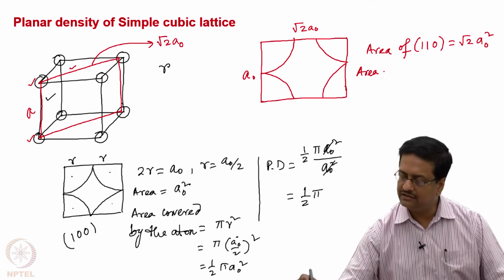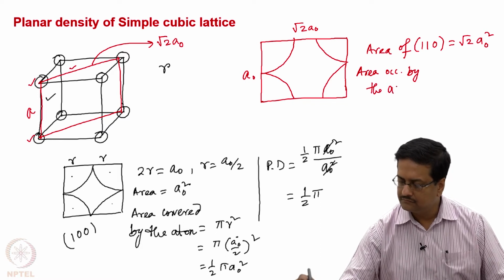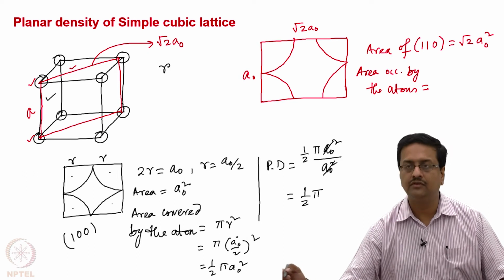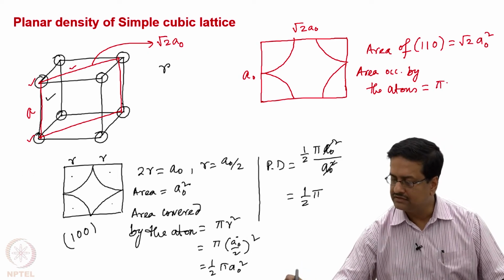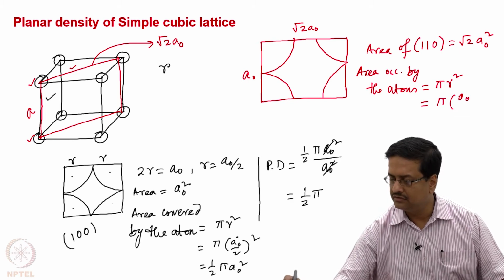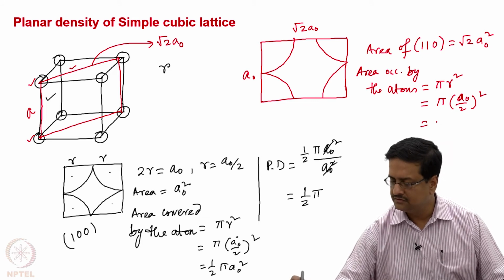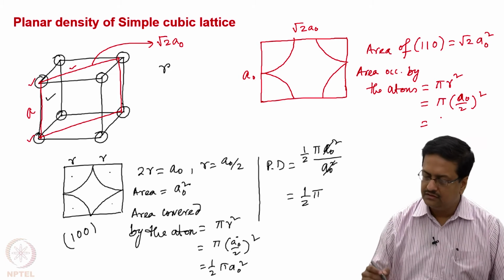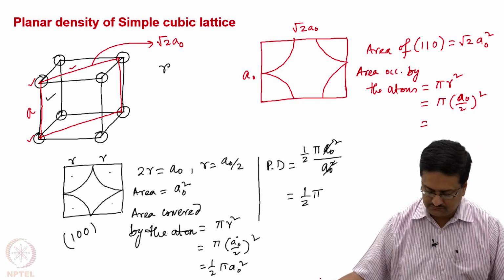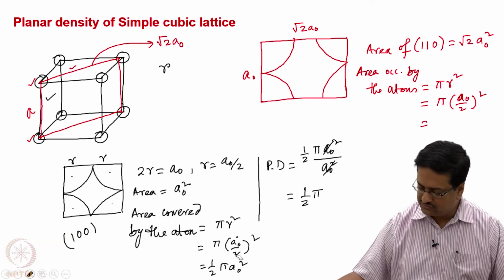The area occupied by the atoms is equal to, once again, pi r square, which is equal to pi times a0 by 2 square. One mistake we have made here is that this 2 should be a 4.